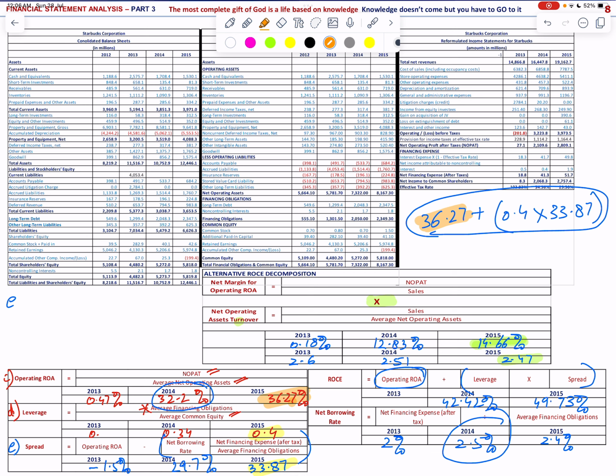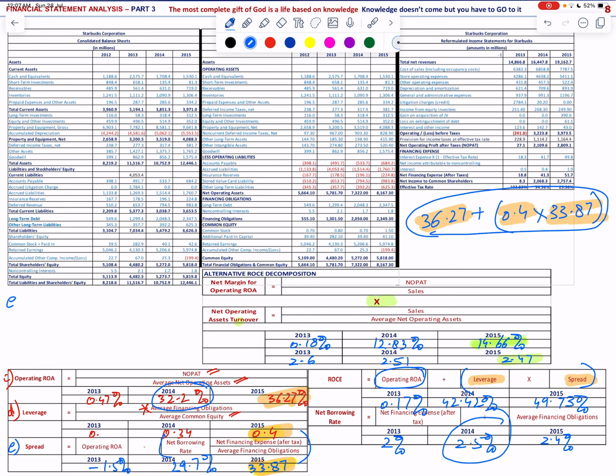Then we have the leverage, 0.4, and then we have the spread, 33.87. So when we solve it, this is equal to 49.73%. For 2014 this will be 42.42%, and for the year 2013, it will be 0.17%.